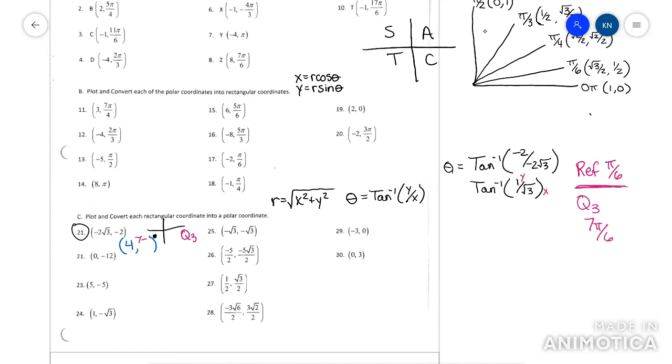That's the angle you're going to use in your answer. So again, I graphed the original first, which told me what quadrant I was in. That way, when I ran this inverse tan, I knew to get my reference and then just say where it is in quadrant 3. So let's look at another. I hope that made sense.